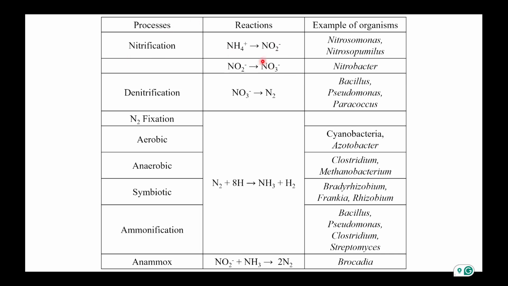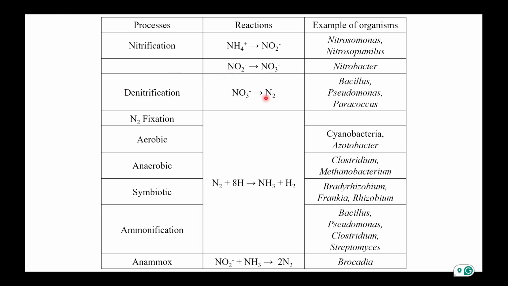Once the completely oxidized form of nitrogen is there, it is again reduced to atmospheric nitrogen, whose oxidation state is 0. So this is a reduction process, and it is called denitrification, because now the opposite process of nitrification is happening.